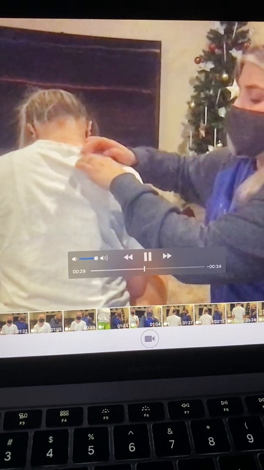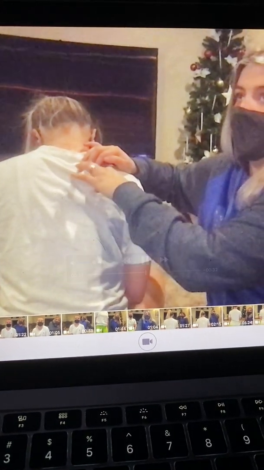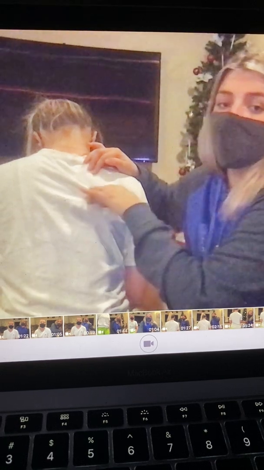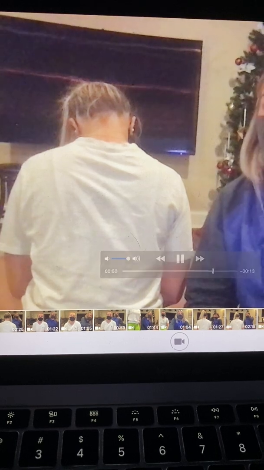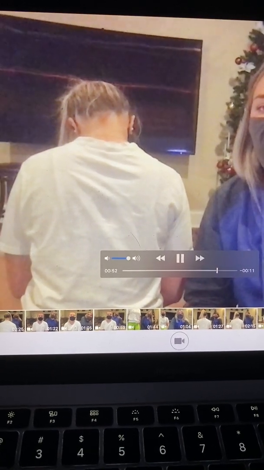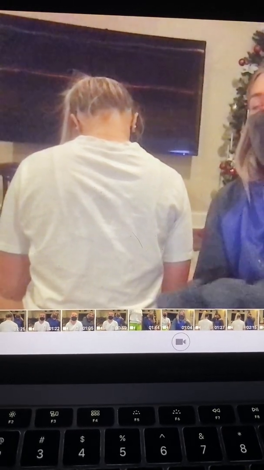Then the insertion is going to be the spine of the scapula, medial border of the scapula between the inferior angle and spine of the scapula. And then the action is going to be to adduct the scapula, elevate, and downwardly rotate the scapula, and the nerve is going to be dorsal scapular, C4 and 5.